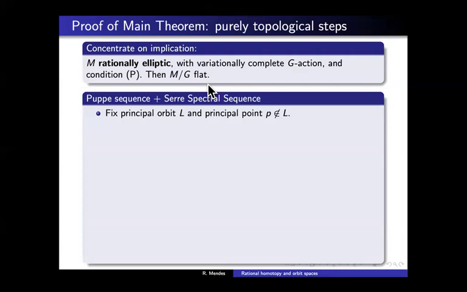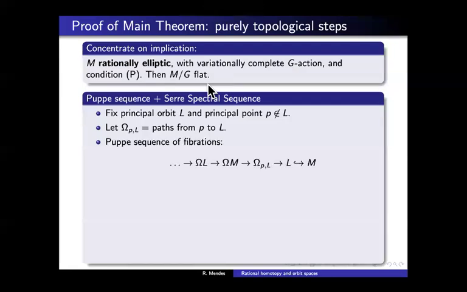So here's what we're going to do. We're going to fix the principal orbit L, and we're going to fix a principal point P that's not on L. Then I'm going to look at the space of paths that start at the point P and end at this principal orbit L. Then there's this thing called the Puppe sequence of fibrations, or iterated fibrations sequence.